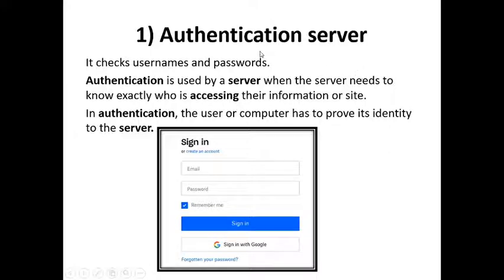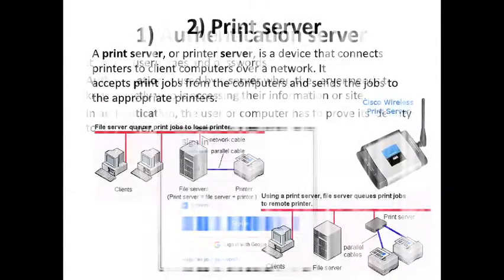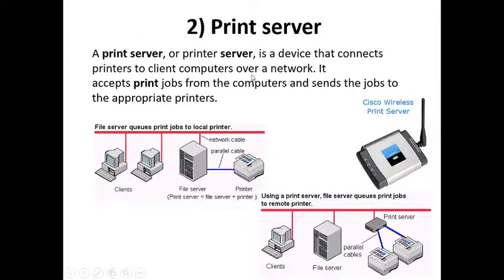Then the authentication server is there to check this email address and password, and verify the identity of the user. Right? If it is correct, then you can log on to the system. Otherwise, you can't.